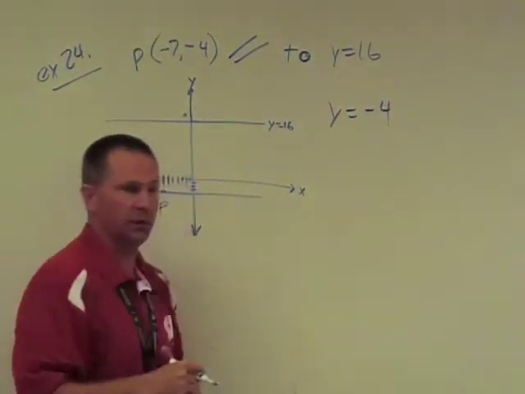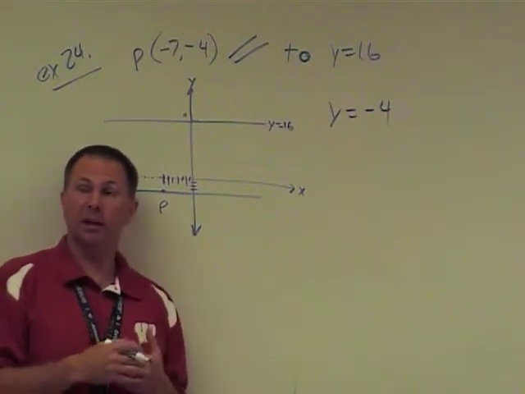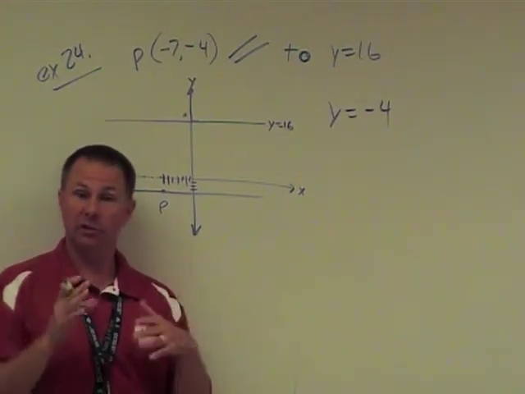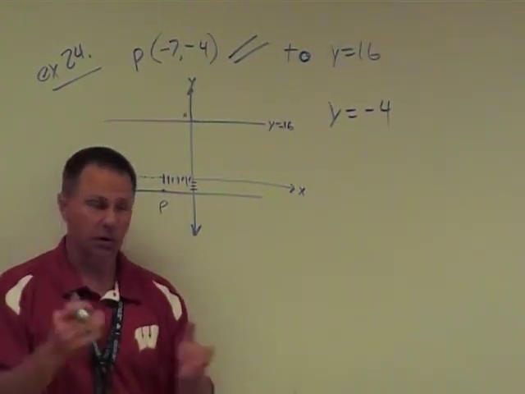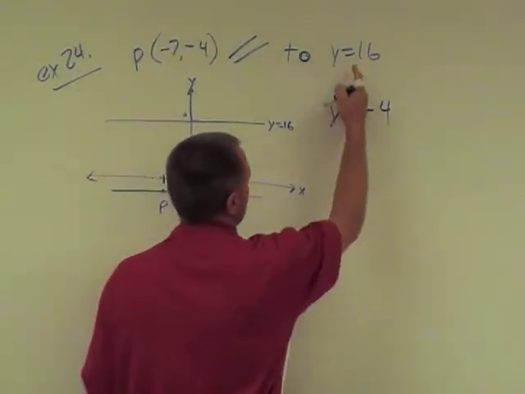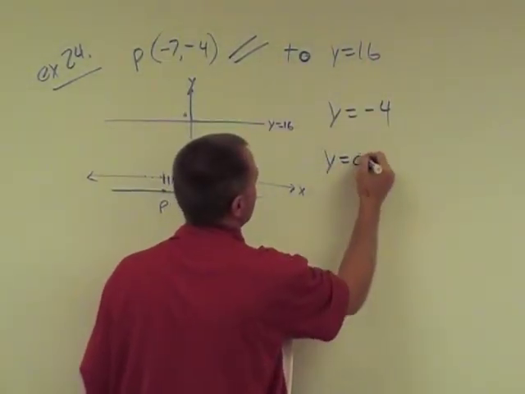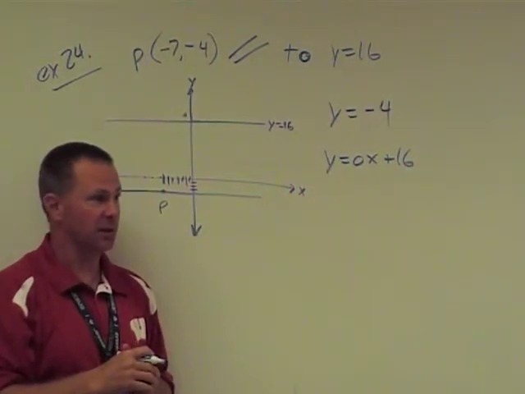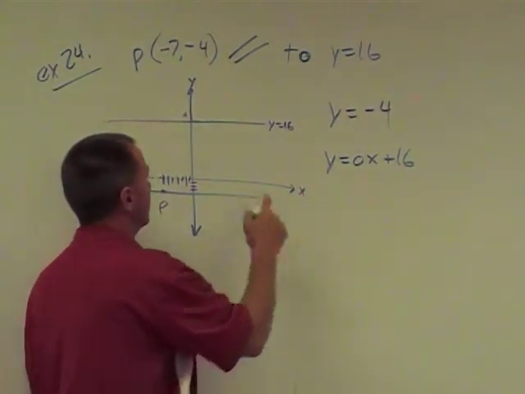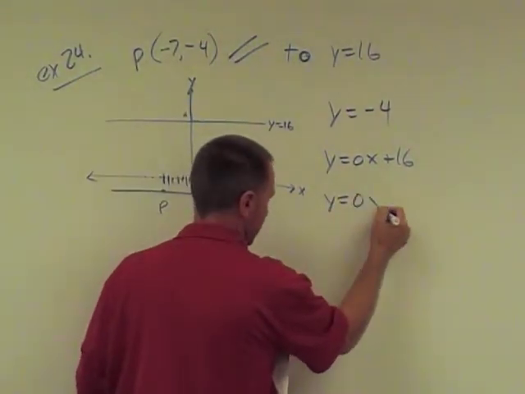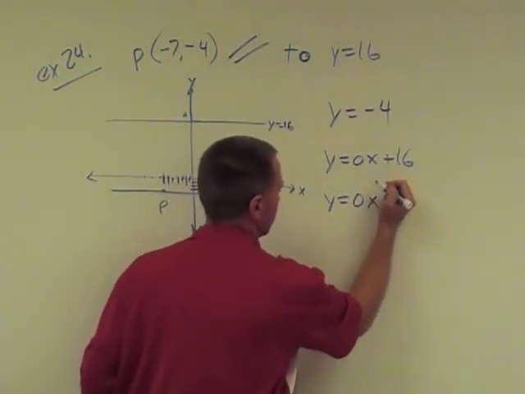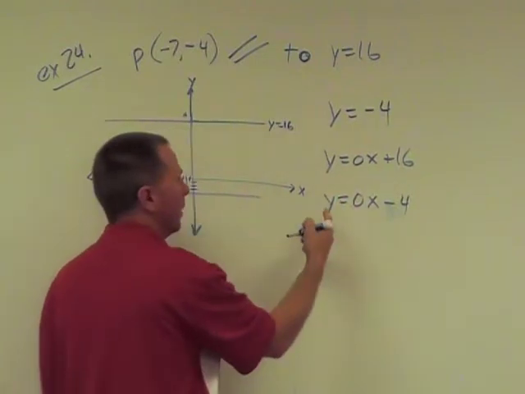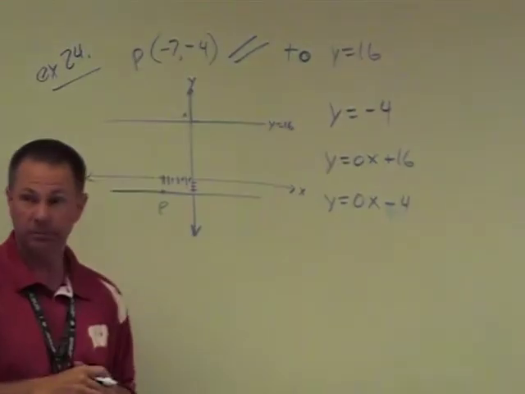So this is kind of a different way of doing it because we just have horizontal lines. Same thing with vertical lines, you're just going to have one variable. Really this equation is y equals 0x plus 16 because your slope is 0 on a horizontal line. And the new one is y equals 0x minus 4. So the equation is really y equals -4.